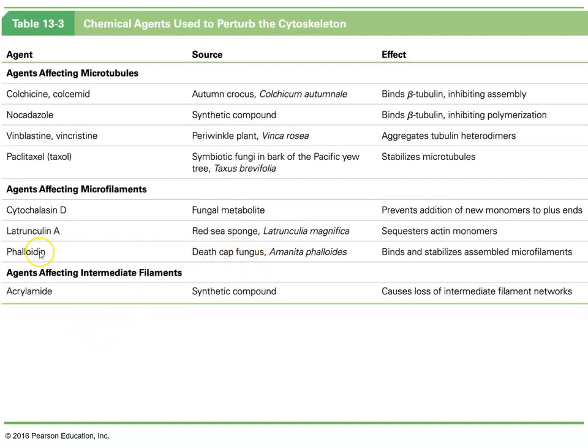Death cap fungus gives phalloidin, which we'll talk about, also influences microfilaments. Some of these are interesting to look at, and they allow us to study these cellular organelles, but they also typically give us a way to use them in certain types of treatments for various conditions.